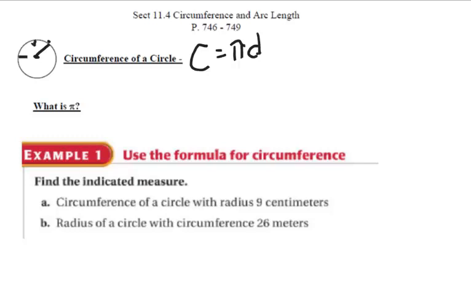Or if I go through the center from one side to the other side, that is your diameter. Okay, so circumference is either pi times diameter, or circumference is 2 pi times the radius.